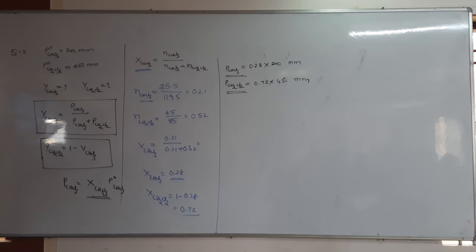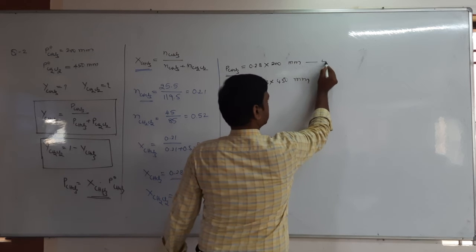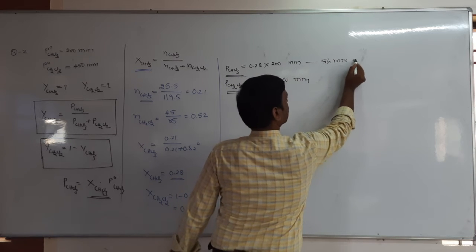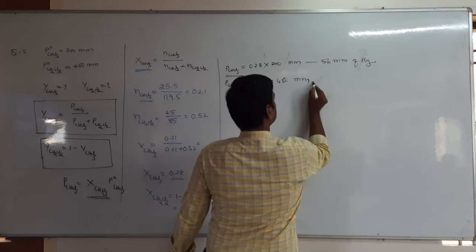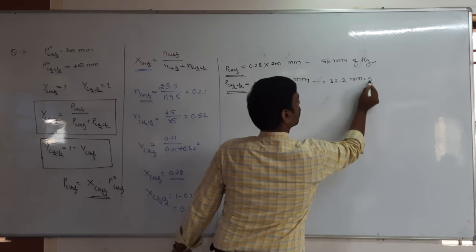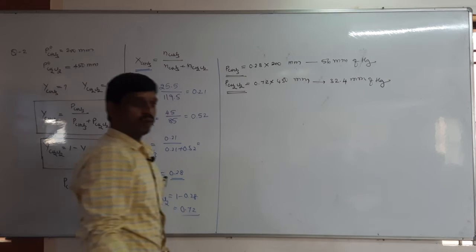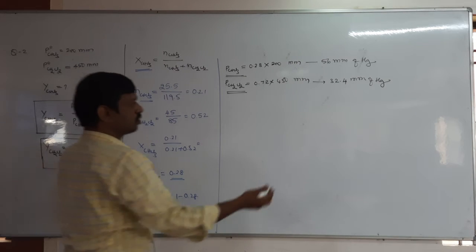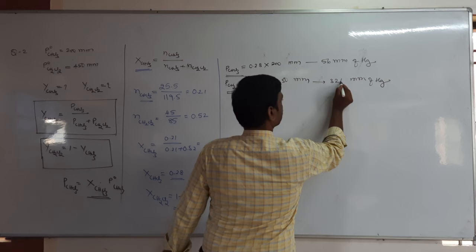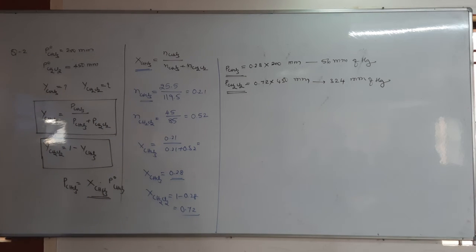The answer: P chloroform is 56 mm of mercury, and the other is 30.4 mm of mercury. Then substitute in this equation and you will get the answer.